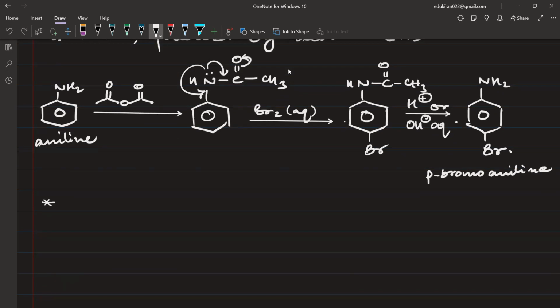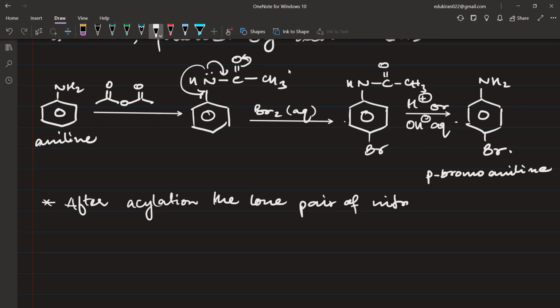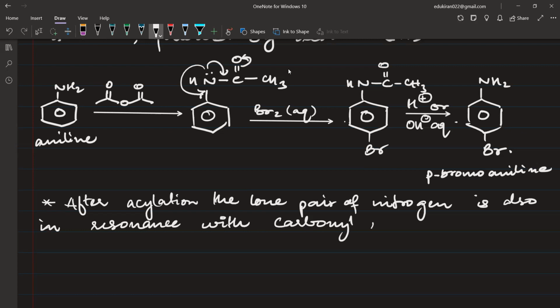Right here. After acylation, the lone pair of nitrogen is also in resonance with carbonyl group.